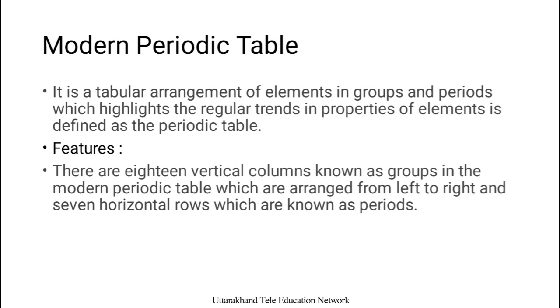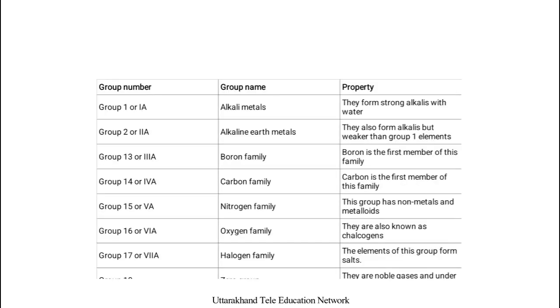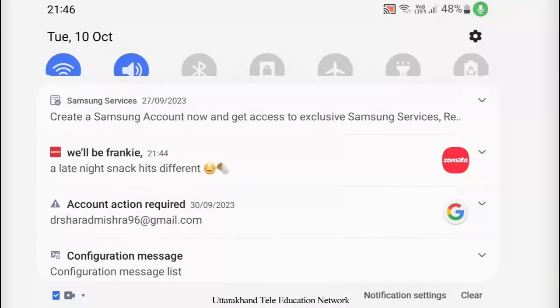Number one, there are 18 vertical columns known as groups in the modern periodic table, which are arranged from left to right, and 7 horizontal rows which are known as periods. Group 1, or first A, are called the alkali metals.